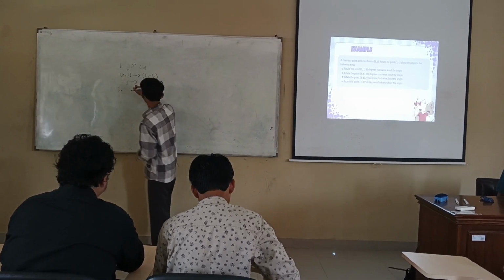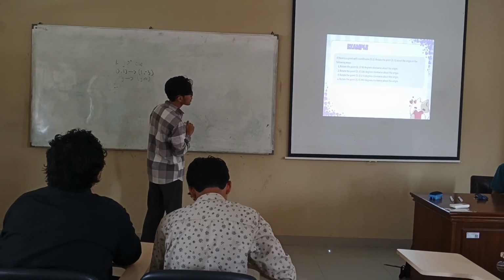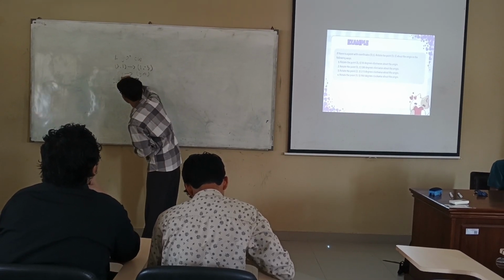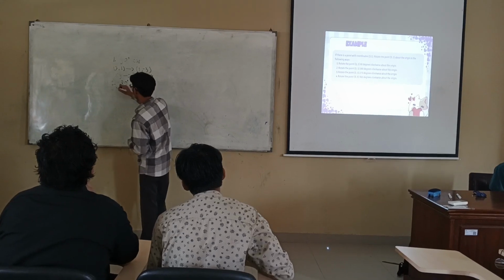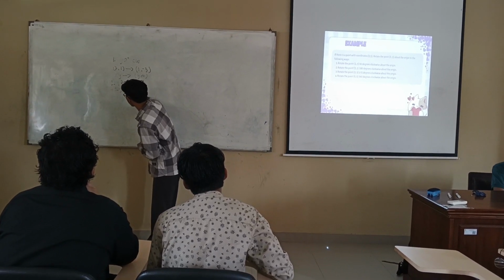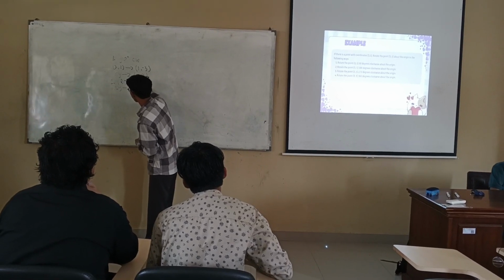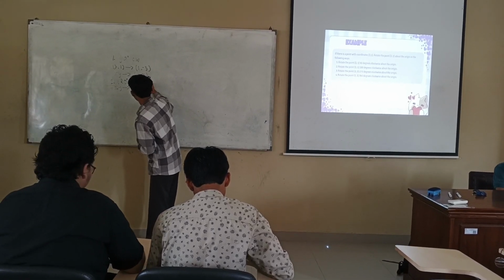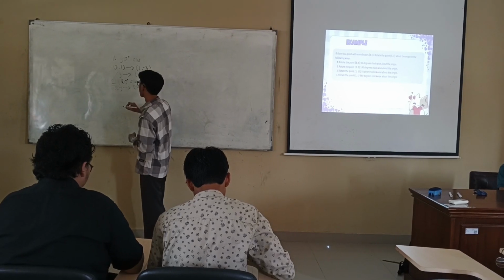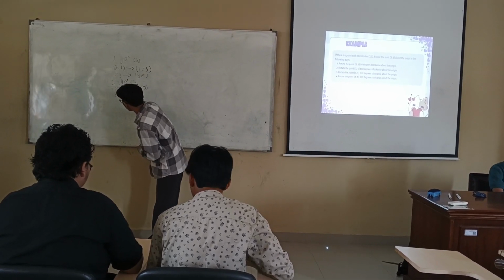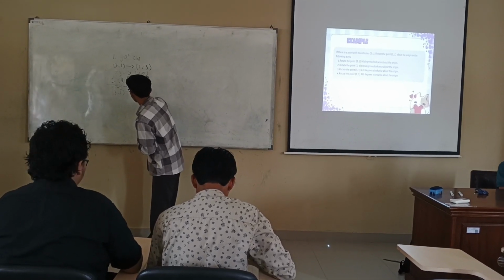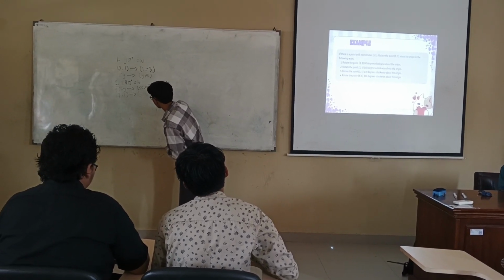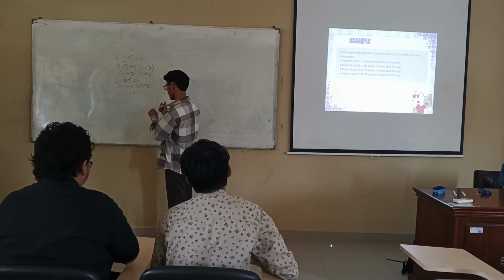Number 2, rotate the point 3, 1 180 degrees clockwise about the origin. If we have x, y and we rotate 180 degrees clockwise, it will become minus x and minus y. So if we have 3, 1 and we rotate 180 degrees, it will become minus 3 and minus 1. Okay, good job.